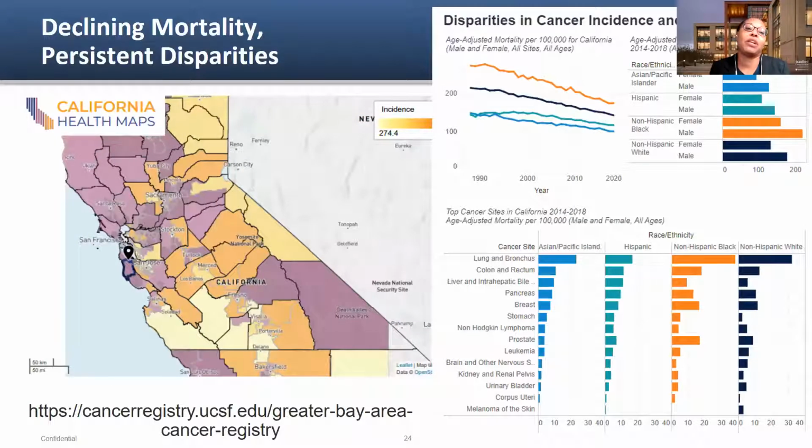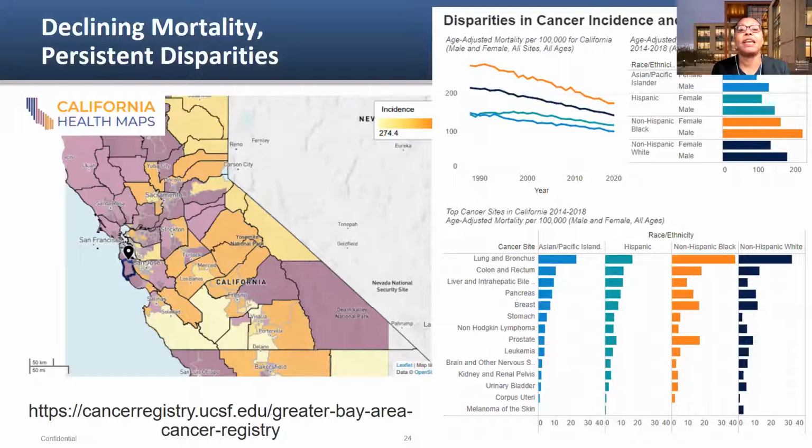So here in California, this provides a bit of a snapshot, forgive all the different numbers. But the point here is that we do have disparities in Northern California, even though in terms of cancer outcomes we actually do a little bit better than many places in the country. What's particularly alarming is that even though our cancer outcomes are getting better over time, which is depicted on the top graph with these declines in mortality, there are also differences in risk related to who you are.